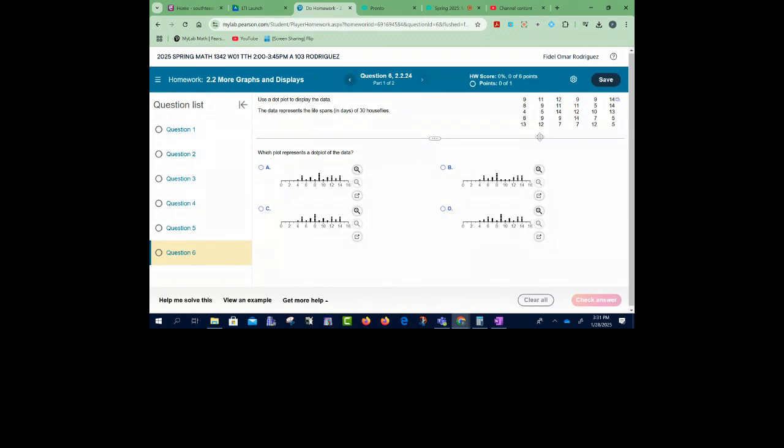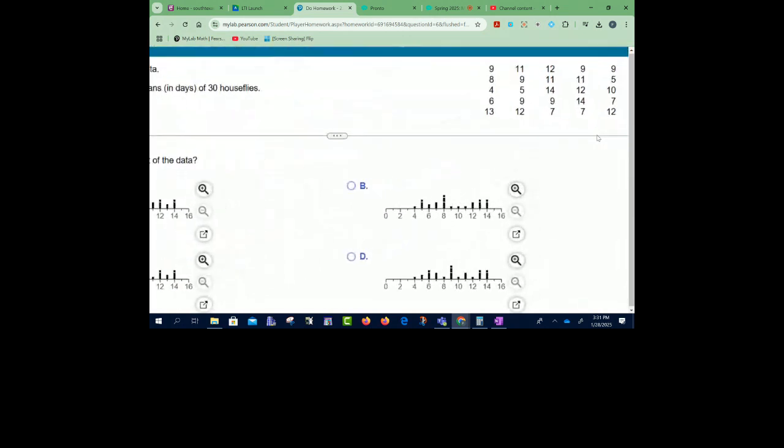Okay, 30 houseflies, right? So, y'all, one thing I would encourage you to do as you're doing this is let's take a look at a couple of things. It looks like the smallest number is 5. What looks like the biggest number in our list here, y'all? 14. How many? So we have 2 5s, and it looks like we have 1, 2, 3 14s, maybe 4 14s.